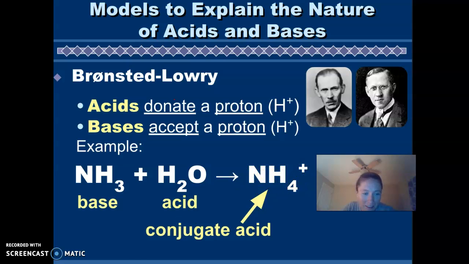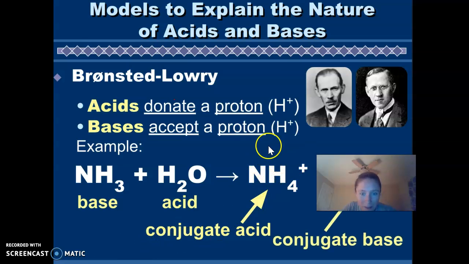So it kind of does a do-si-do and switches, because now the ammonia turned into ammonium is the conjugate acid, and water, which was the acid, is now the base. It's the conjugate base because it's lost its acidic proton. So now it's just OH minus, and this is hydroxide, so it's a base. And this has the H plus, so it makes sense it's the acid.